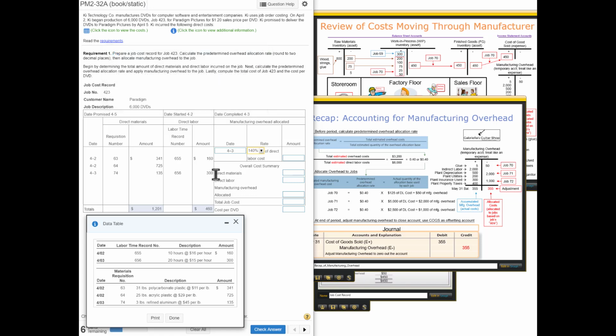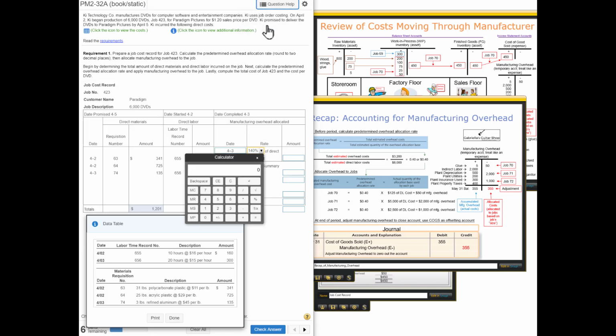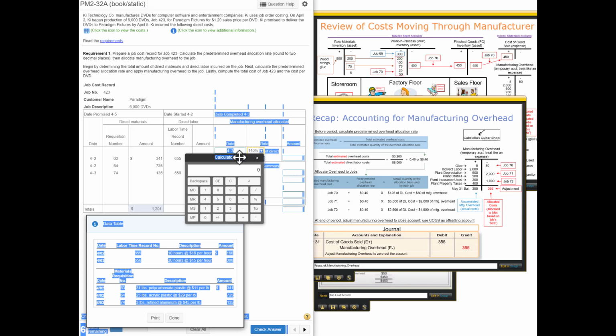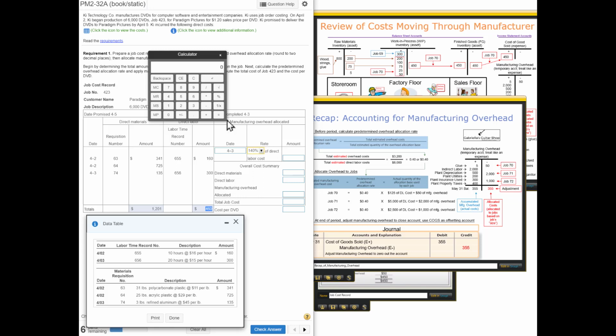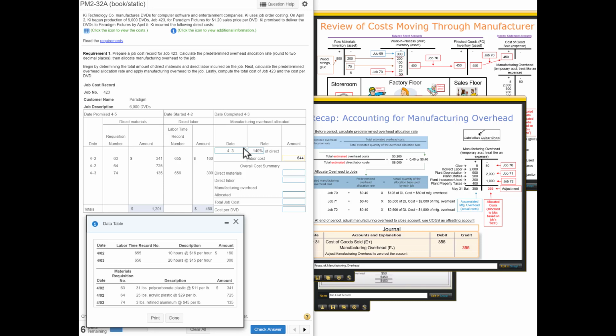So what it's saying is for every dollar of direct labor cost, we need to have $1.40 or 140% of manufacturing overhead applied to that job. So what I need to do is take 460 times 140%. 460 times 1.4 equals 644. So that's the amount of overhead that's going to be allocated to this job.